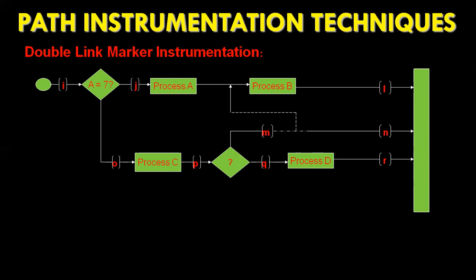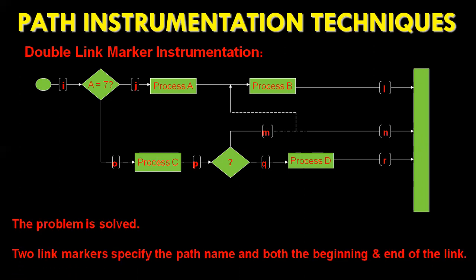So the two link markers specify the path name, and it is going to confirm both at the beginning and end of the link. So the problem is solved. That is the reason we are able to solve the problem we faced in the single link marker method.